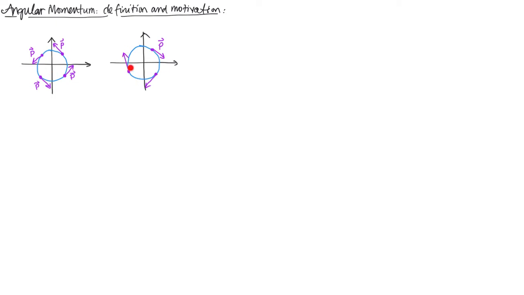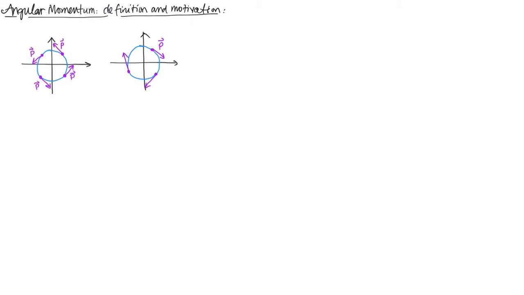The case on the right is clockwise rotation. They're both circular motion, perhaps at the same speed, perhaps in the same radius, but they're different. So not only do we want a quantity that can characterize the constant nature of this circular motion, but we want it to be different or distinguishable. We want these two situations to be distinguishable in our notation.